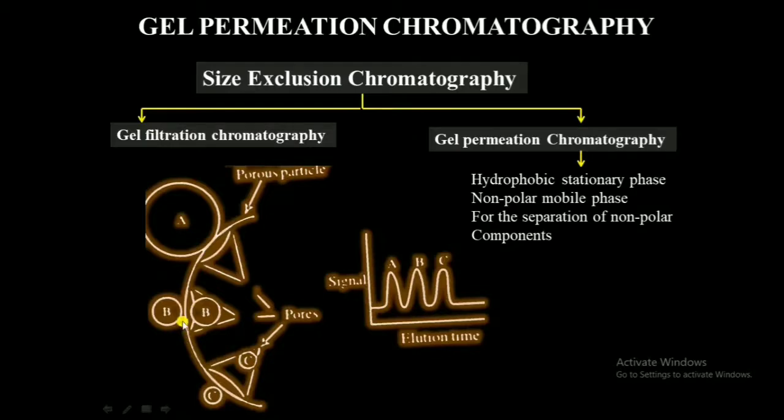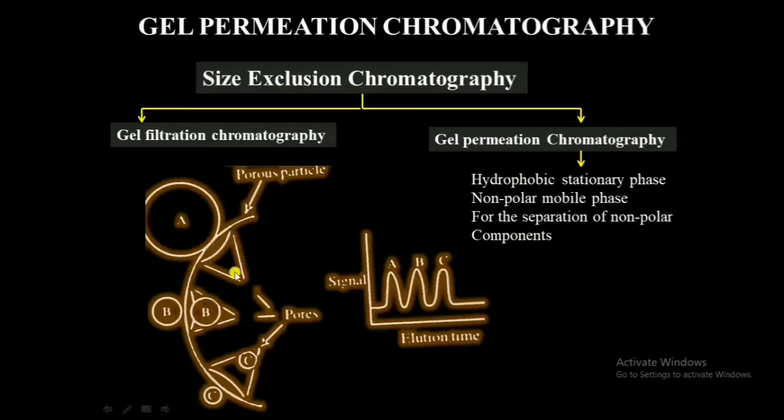For example, here B can go inside this pore because the pore mouth is wide enough to let B pass inside, and C, of course, because it is the smallest component in your mixture, will also go inside the pore. But look at this component A, which is larger than the pore mouth of this material.